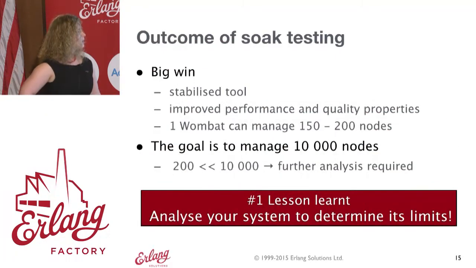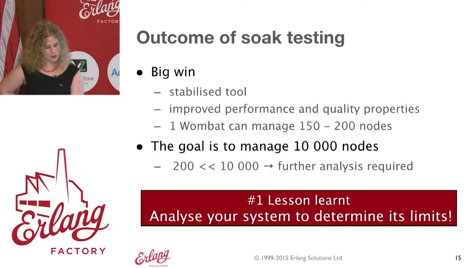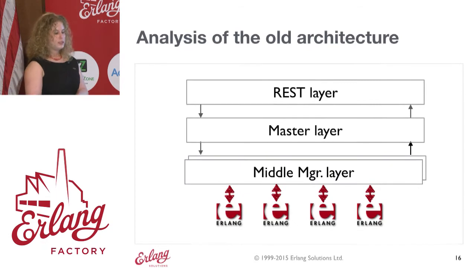Here is what we learned: we really, really need to analyze our system to know its limit. So we went for further analysis, and we found out that the root cause was the Wombat's old architecture.